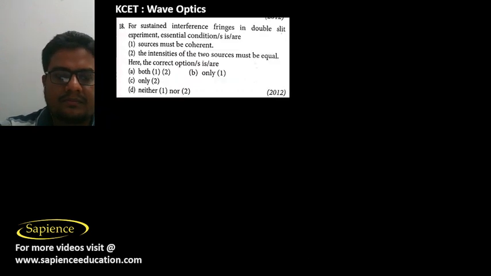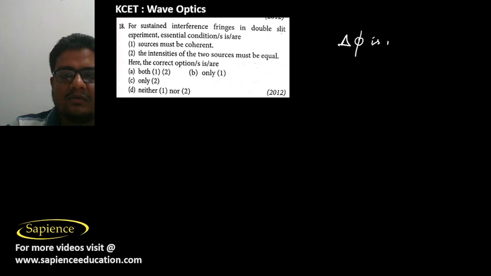Then question number 18, it is told, for sustained interference fringes in double slit experiment, the essential condition is the sources must be coherent. Yes. The intensity of the two sources must be equal. So here only option 1 is correct. If the sources are coherent, it means their phase difference is independent of time.